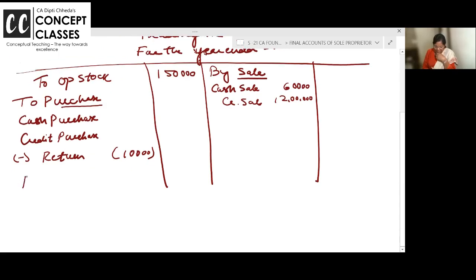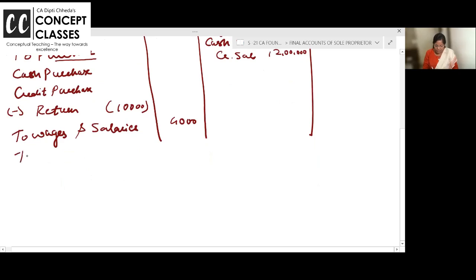Then you have wages. It's very easy. No calculations, no analysis. It's not that this is a debit so add, or less. No, just pick up the figures and copy. Control C, Control V. That easy. Wages and salaries. How much are wages and salaries? 4,000.